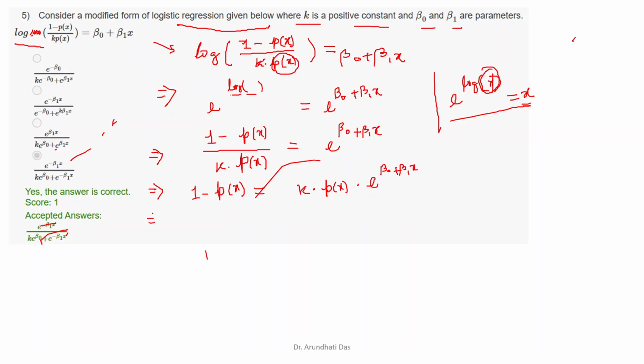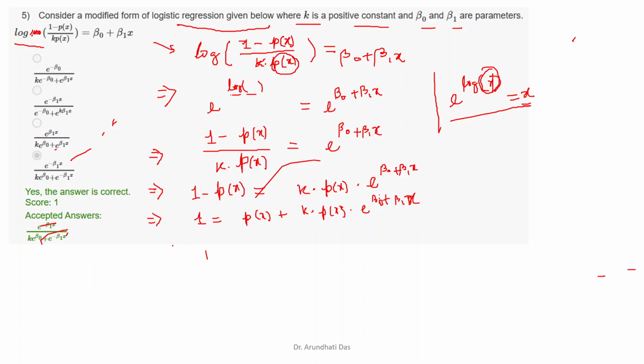Which is equal to 1 equal to p of x plus k multiplied by p of x multiplied by e to the power b naught plus b1 x.